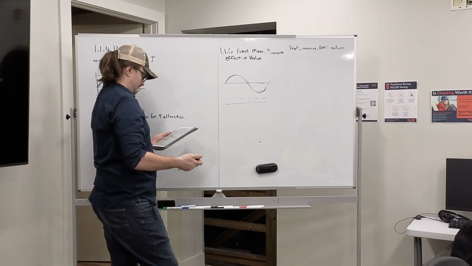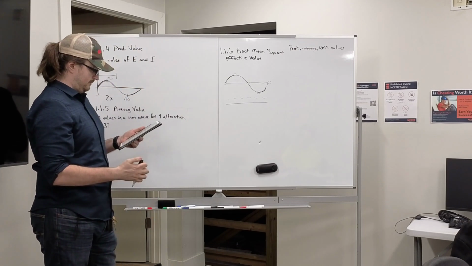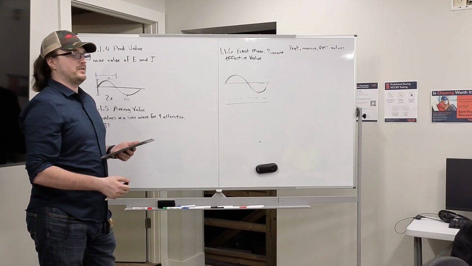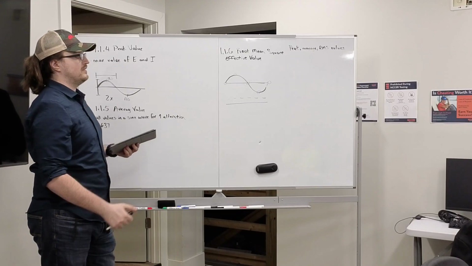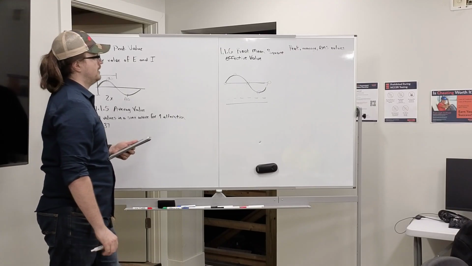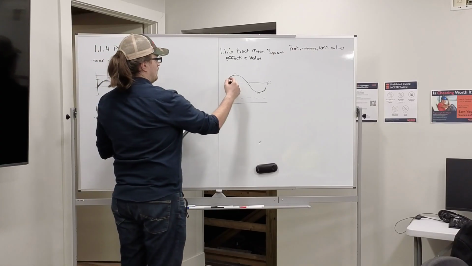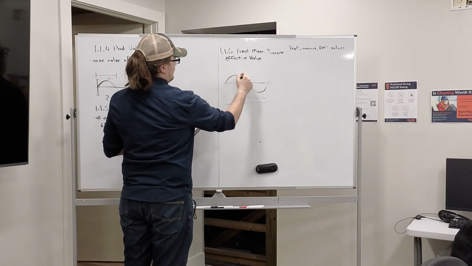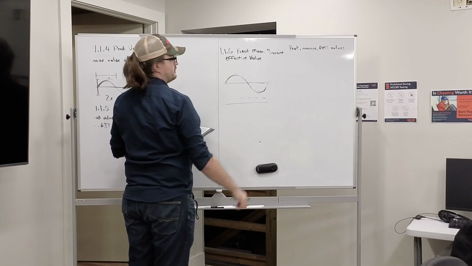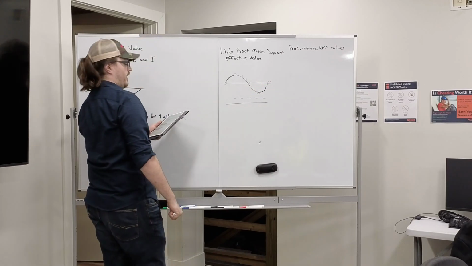He's taking the circle, flattening it out. What does instantaneous mean? A single instant in time. Any individual point on the wave would be an instantaneous value.